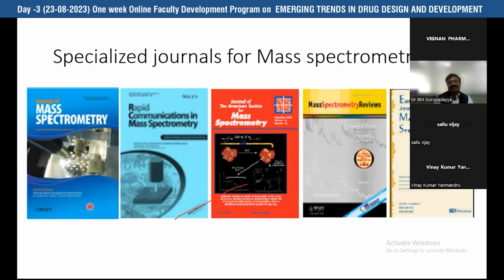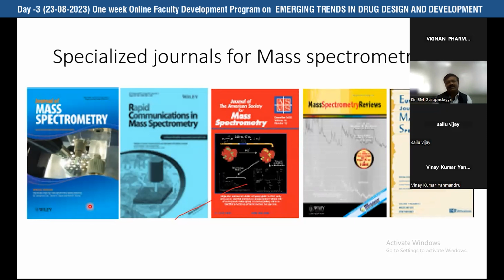All bioanalytical quantification of drugs from biological origin is reported in mass spec journals, such as the Journal of Mass Spectrometry, Rapid Communications in Mass Spectrometry, Journal of the American Society for Mass Spectrometry, Mass Spectrometry Reviews, or the European Journal of Mass Spectrometry.